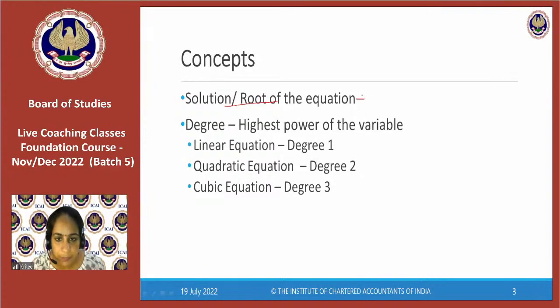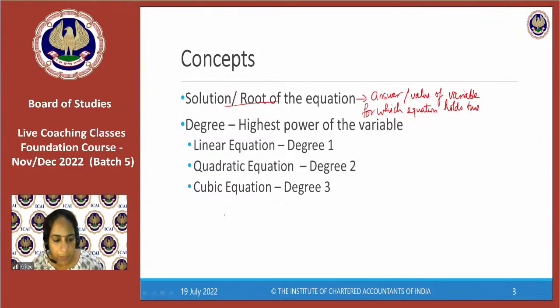Solution is the answer or value of variable for which equation holds true. Okay, then we have something like this: ax plus by plus c equals 0. We may have something like this: ax cube plus bx square plus c equals dx.